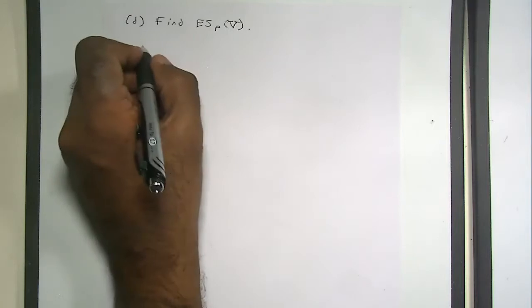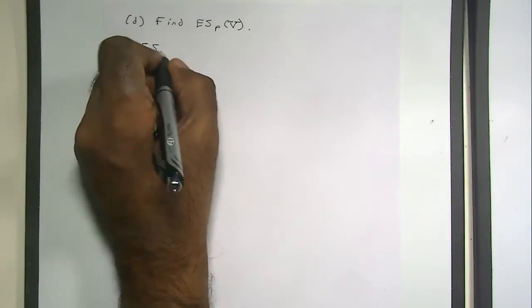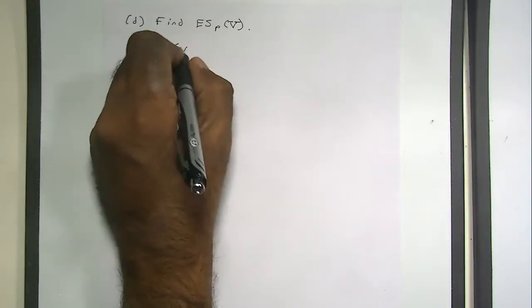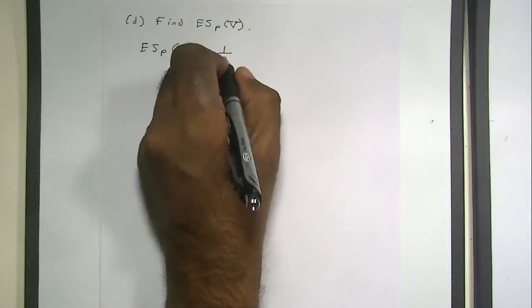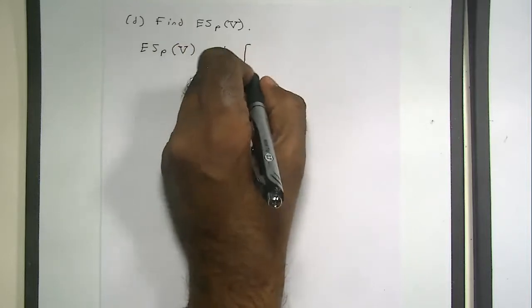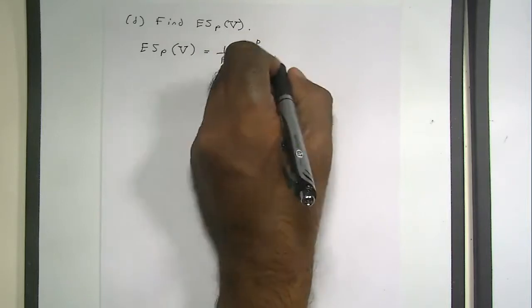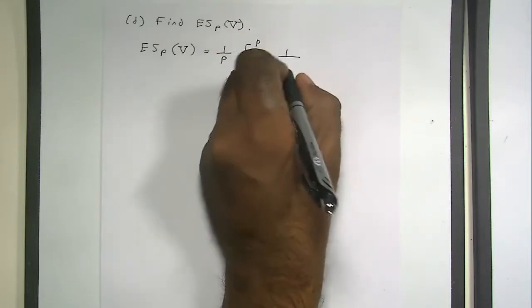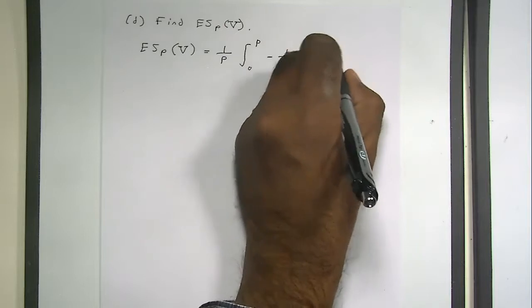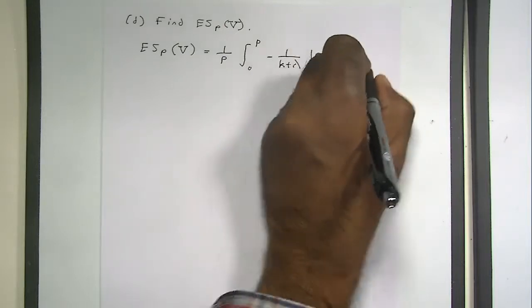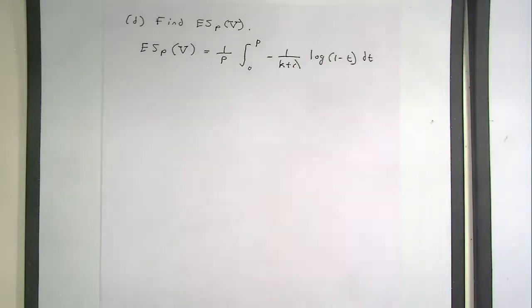So I'm sure you guys know the expected shortfall is one over p times the integral from 0 to p of minus 1 over k plus lambda times log of 1 minus t dt.